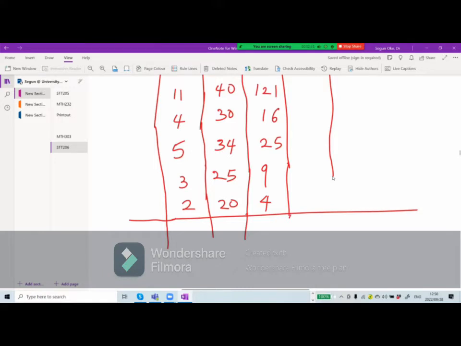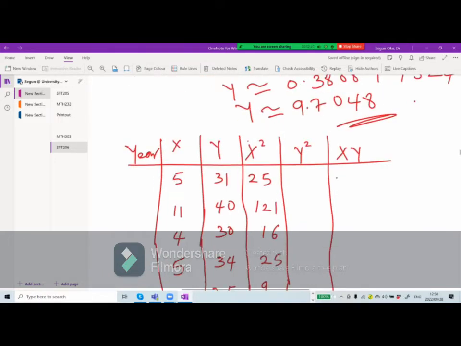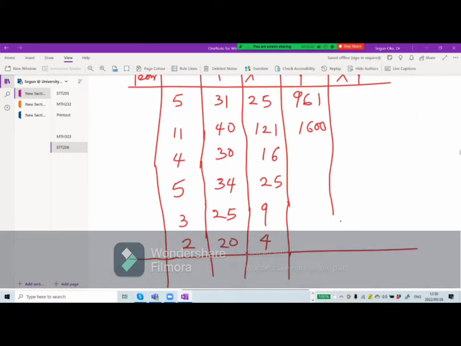Let's do the Y squared. 31 squared is 961. Then 40 squared: 1,600. Yeah, it's 1,600.